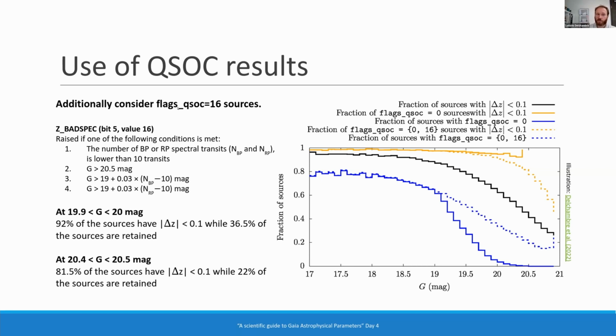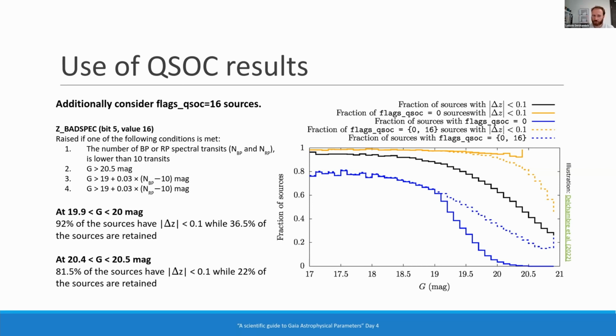But if the QSOC flag is equal to 16, this means that we do effectively have poor quality spectra, but we were still able to derive a proper redshift. So meaning we don't have ambiguity, we have a good Z-score, we have a good chi-square ratio, and we selected the optimal peak.